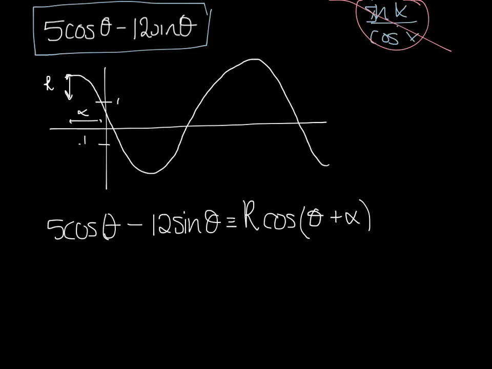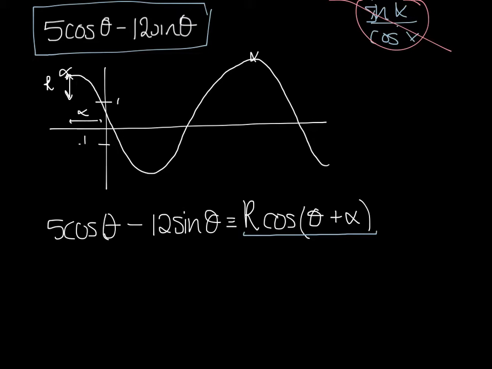Now, you could hypothetically cheat and get the answer by looking at the maximum points on your graphing package, but that won't be enough for you in the exam. You'll need to show some method here. I'm just going to have a look at this new right-hand side that I've created, this r cos(theta plus alpha).